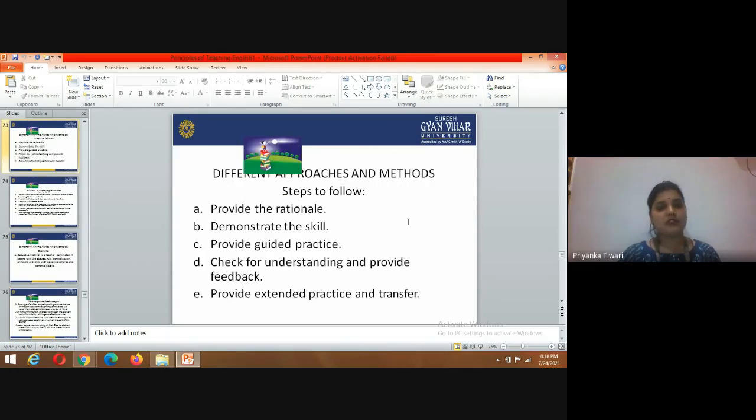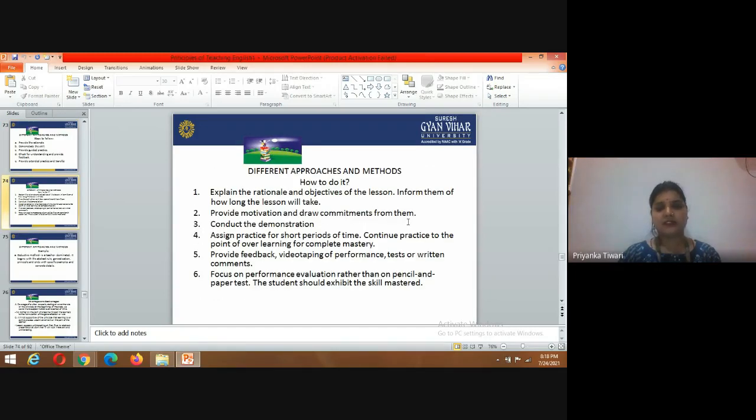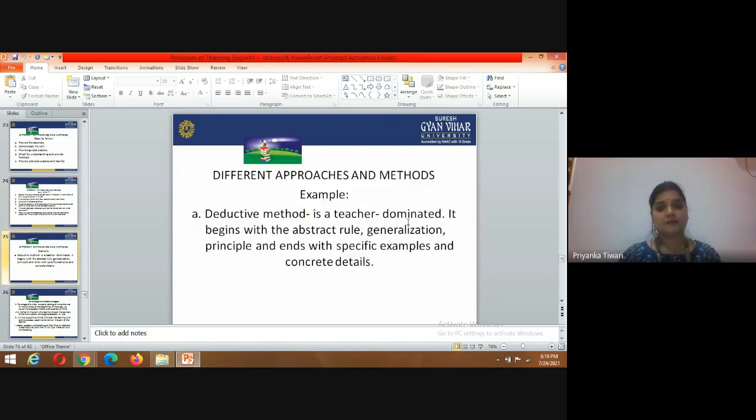different approaches and methods: demonstrate skills, provide guided practice, check for understanding and provide feedback. And then after, different approaches and methods: how to do it, explain the rationale and objectives of the lesson, and inform them of how long the lesson will take.